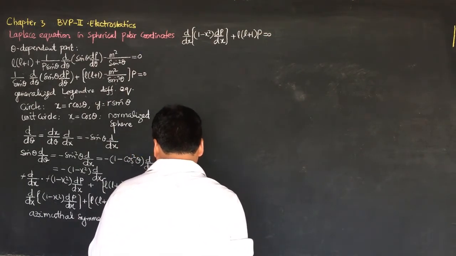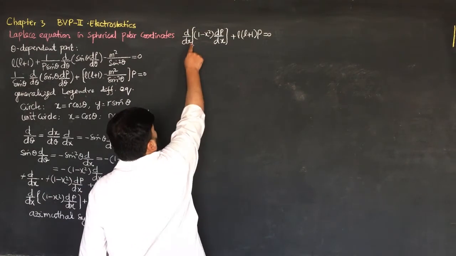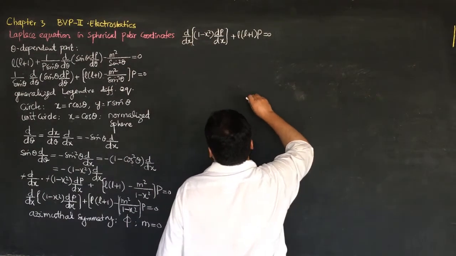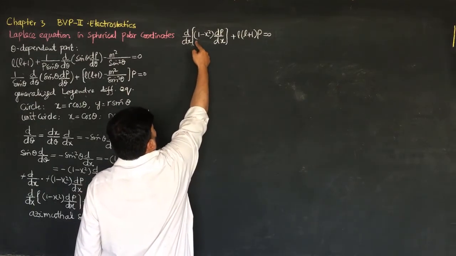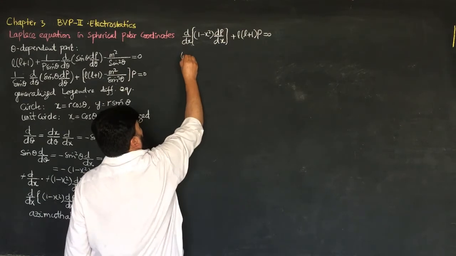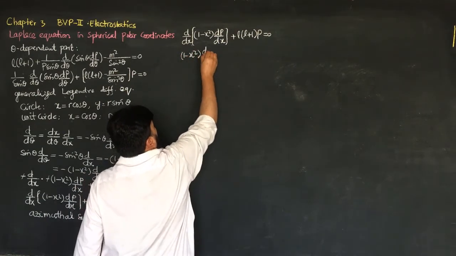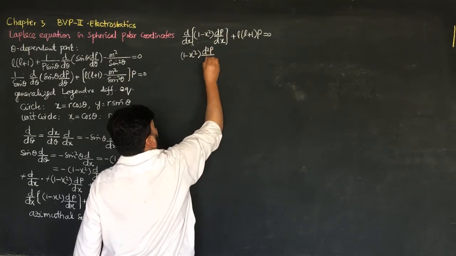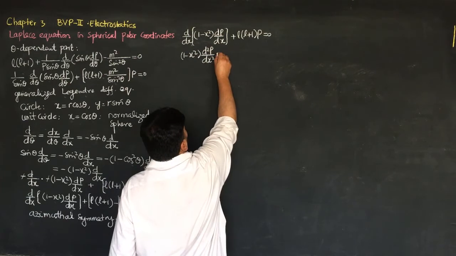So this is the equation, and let me apply d by dx on it. We will have the first function 1 minus x square and the derivative of the second function, so d square P over dx square.